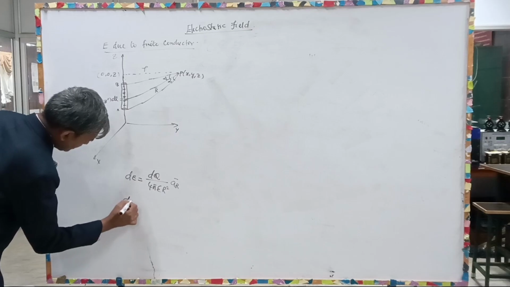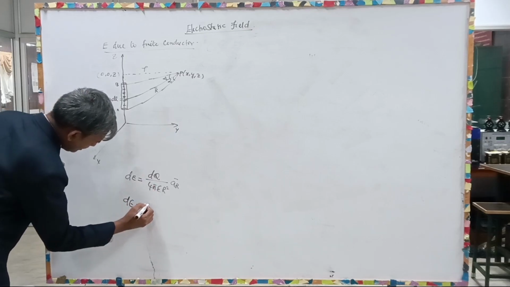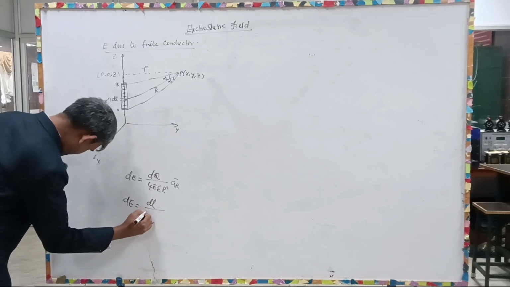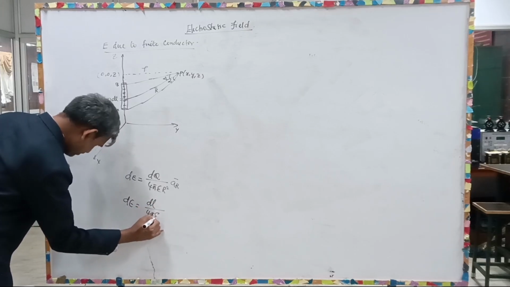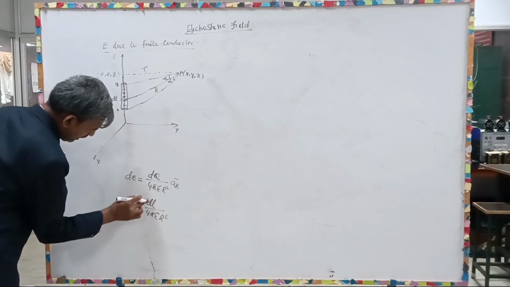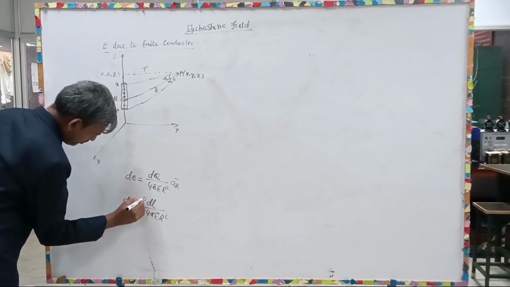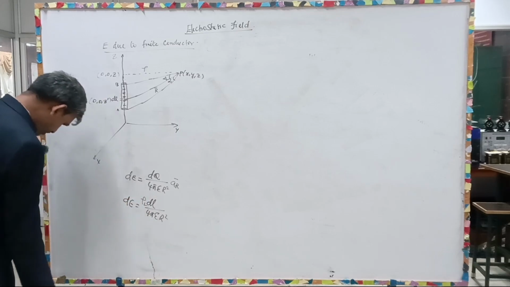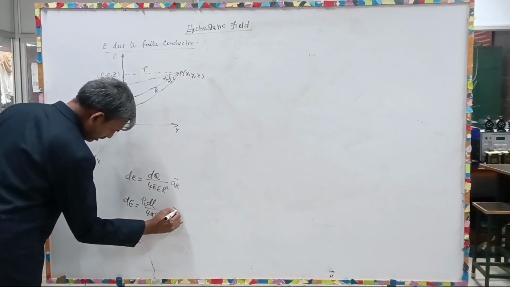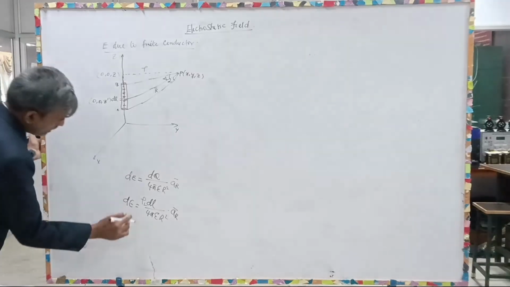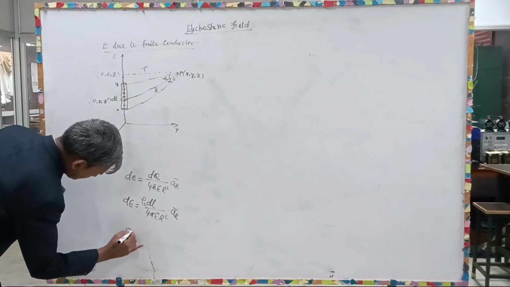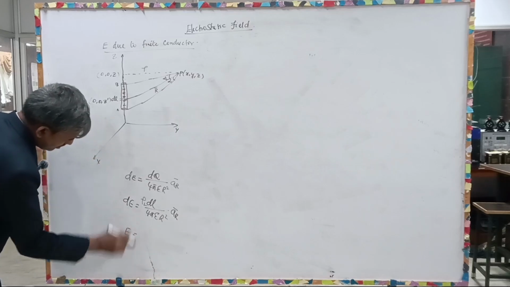So here we are taking the line charge. So dE is equal to dQ, which will be replaced by dl divided by 4 pi epsilon r square. The line charge will be denoted by rho L into dl along the unit vector AR. We need only the electric field intensity E, so I am taking integration on both sides.